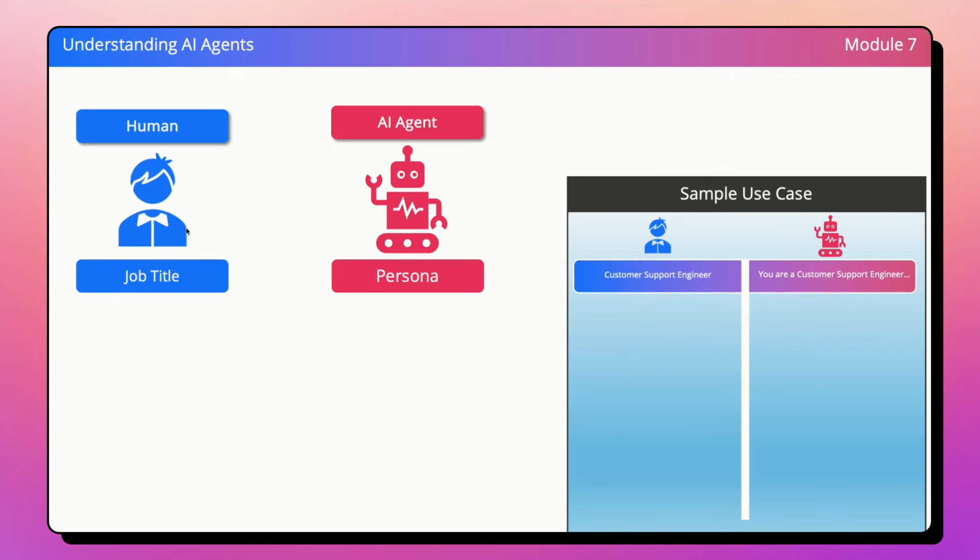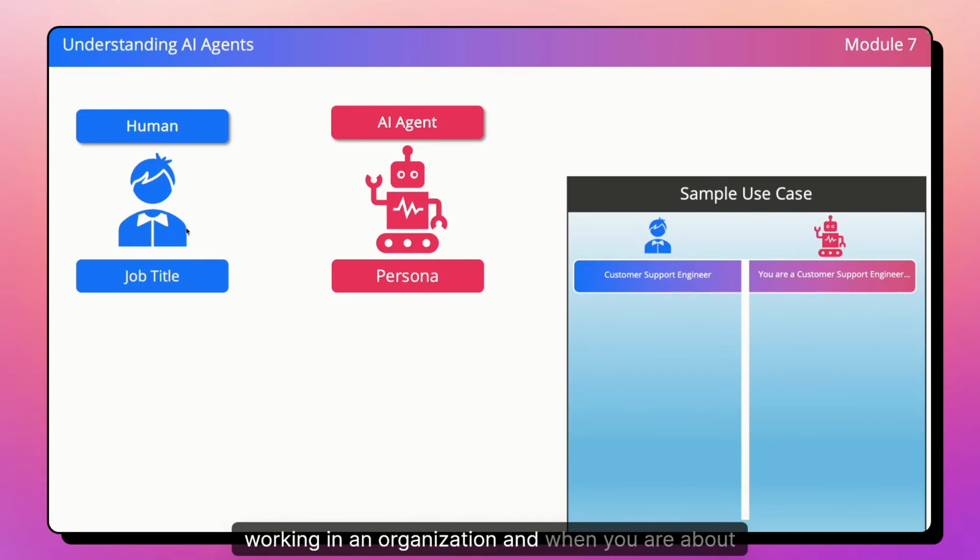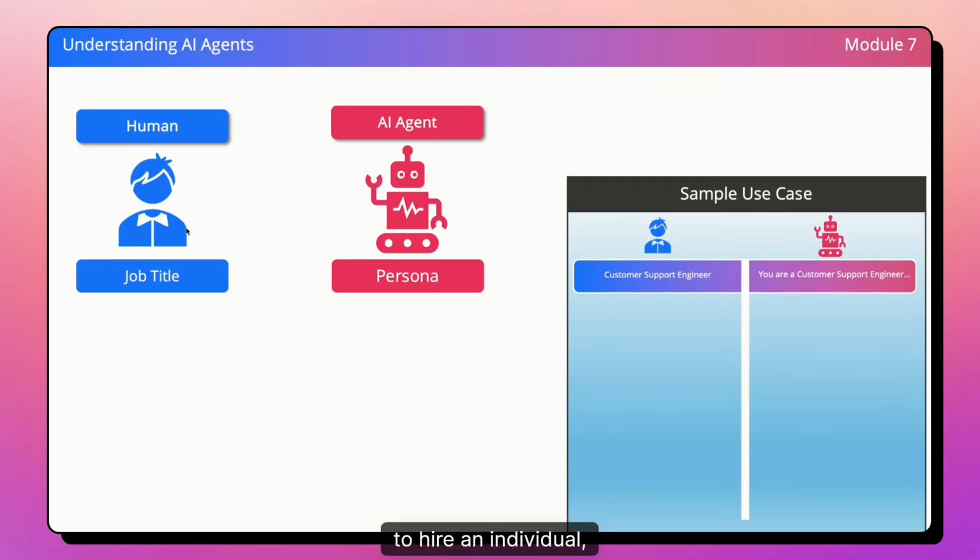So when you are working in an organization and when you are about to hire an individual, you need to come up with the job title. And when it comes to an agent, it is translated into the persona of the agent. For example, when you are writing a job description to hire a customer support engineer, you will say the title is customer support engineer.